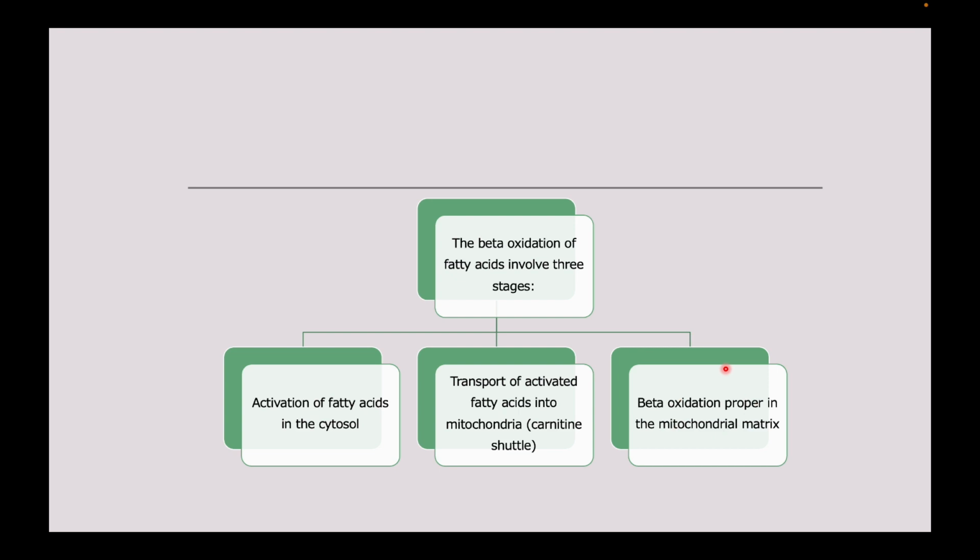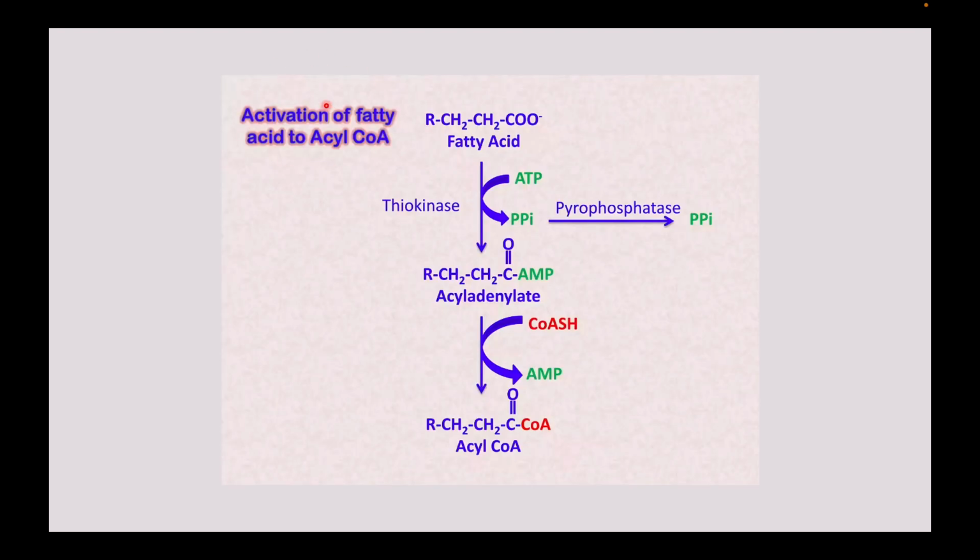First we will talk about the activation of fatty acids. This fatty acid needs to be converted into acyl coenzyme A, which means we need to add the coenzyme A group to the fatty acid so it can be transported and then converted into acetyl coenzyme A. First we add AMP, by the enzyme thiokinase. This reaction utilizes ATP, which is why the condition needs to be aerobic.